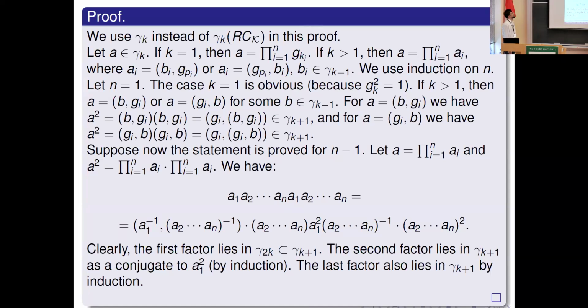We use induction on n. For n equals 1, the case k equals 1 is obvious. If k is more than 1, then we have that A is like this or A is like this, and we have these formulas.